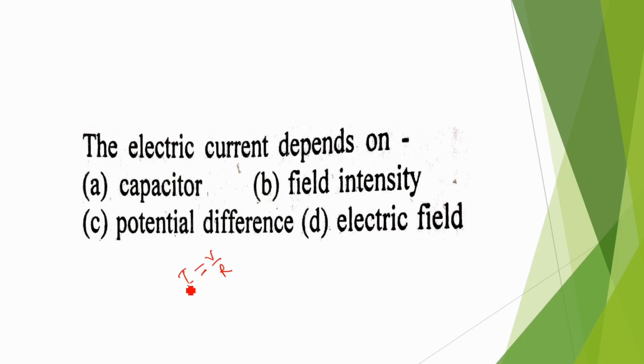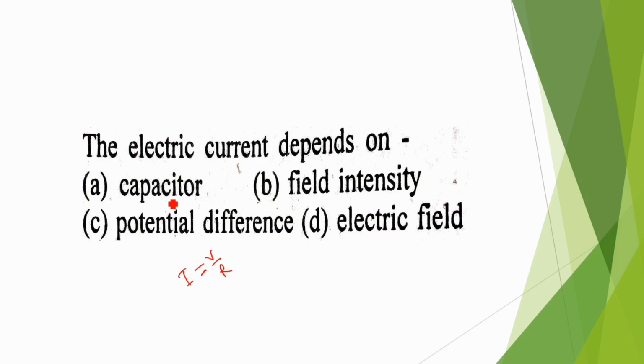So potential difference directly affects the current. The higher the voltage across a conductor, the more current flows through it, assuming constant resistance. The other options are not directly responsible for the flow of current. A capacitor stores electric charge but doesn't define current directly. However, current can flow when a capacitor is charging or discharging.